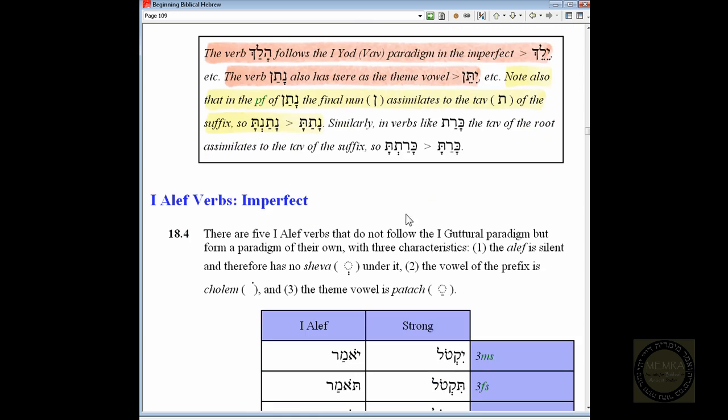Now, down here, there's the note that the verb halak follows the first yod original vav paradigm in the imperfect. So an imperfect of halak will be yelek. This is an odd one. You've got to remember this one. Okay, so you've got yelek. Taking my advice, is the first consonant possibly an imperfect prefix?